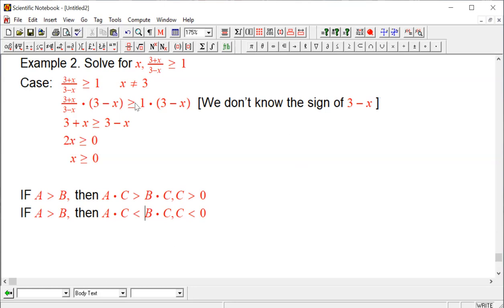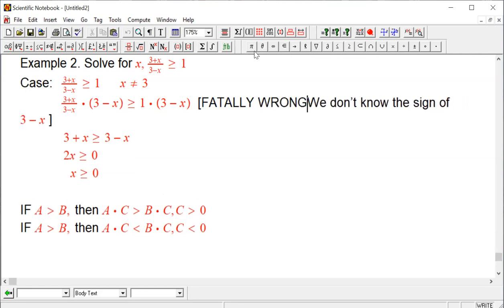Since we don't know the sign of 3 minus x, do we change direction or do we not change direction? So this is the fatal step.